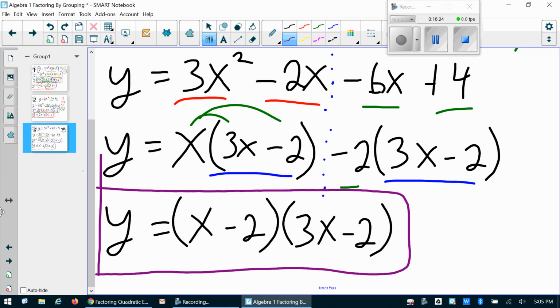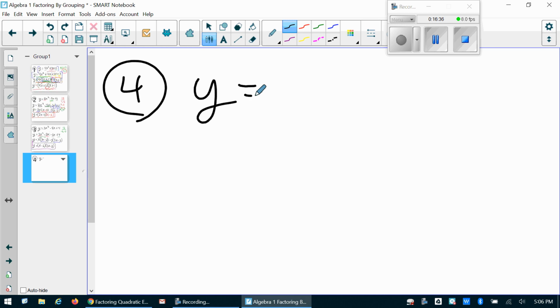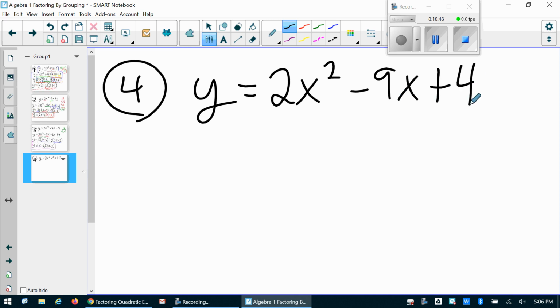Okay. And then we'll do one last example. Call this example 4. And we have y equals 2x squared minus 9x plus 4 again.